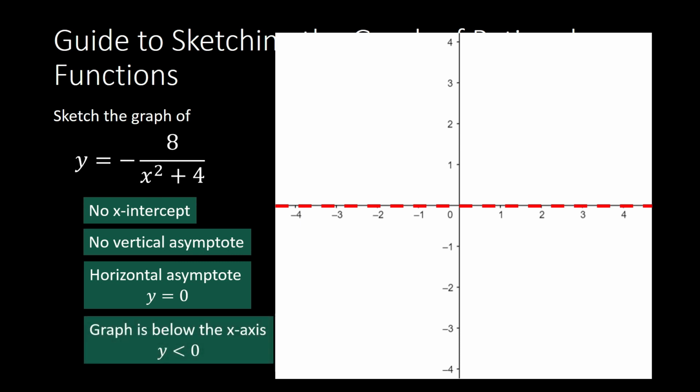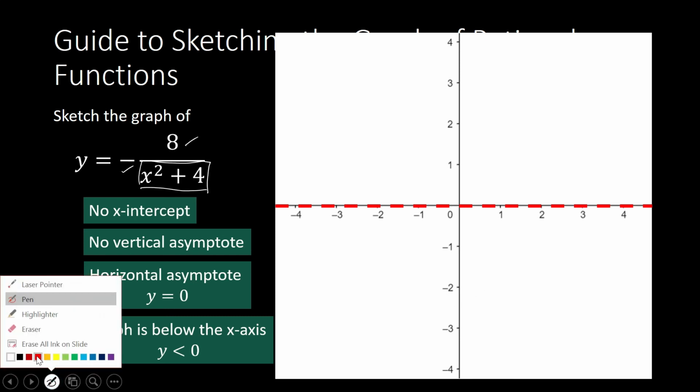And what else? Well, because your numerator is negative 8, and your denominator is always positive, this means the value of your function is always negative. It is below the horizontal axis.